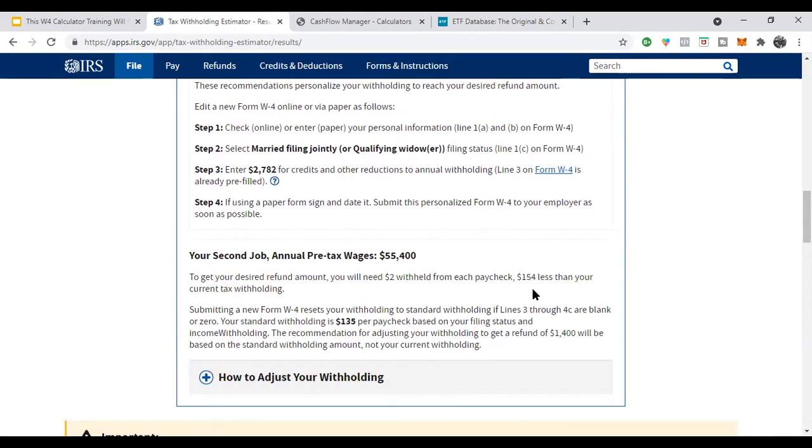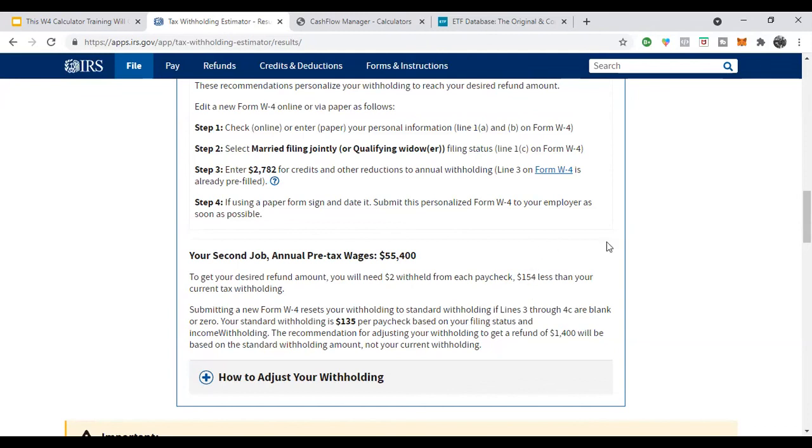So you did that, and altogether times 2 is $566. So together as a couple, if they decide that they just want to get the rest of their money throughout the year and get that $1,400 refund, they're going to be bringing in an extra $566 as a couple together.